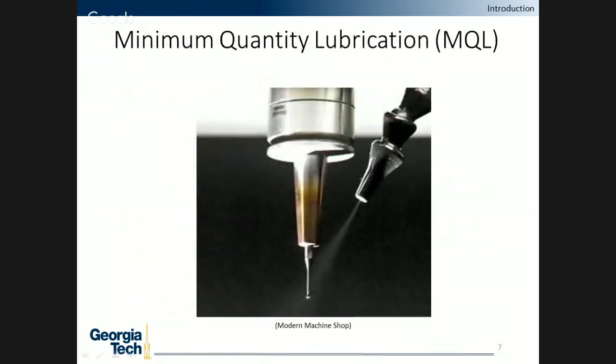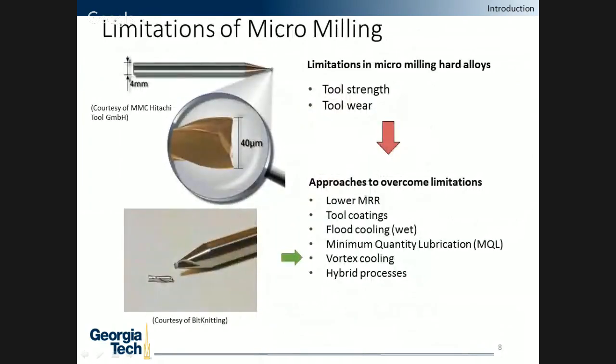MQL takes atomized oil droplets mixed with air and sprays them onto the tool workpiece interface, very similar to an aerosol product. It is shown in a lot of literature that it's better able to penetrate the tool workpiece interface compared to wet cooling, with far better, or reduced, tool wear.